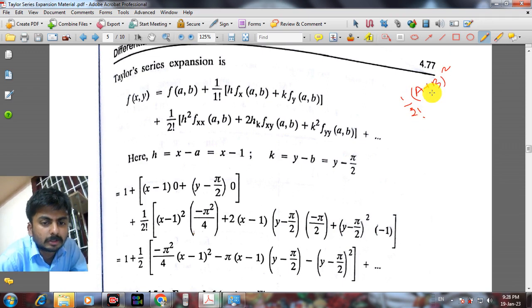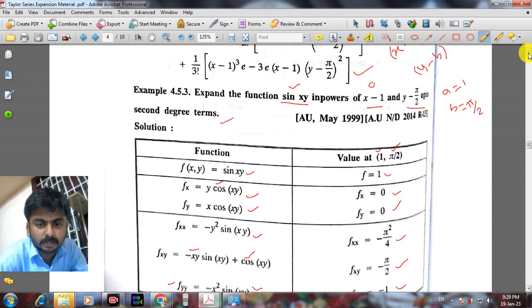So what is it? f(a, b) plus h fx of a comma b plus k fy of a comma b, and then the whole square, that is h square fxx a comma b plus 2hk fxy a comma b plus k square fyy a comma b. That is what I have mentioned previously.